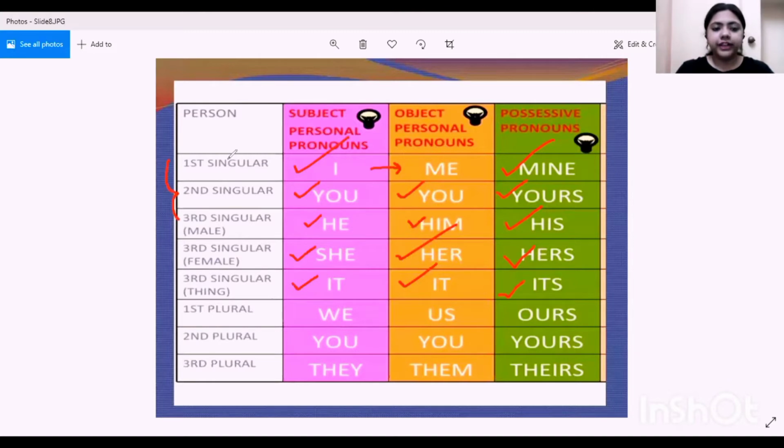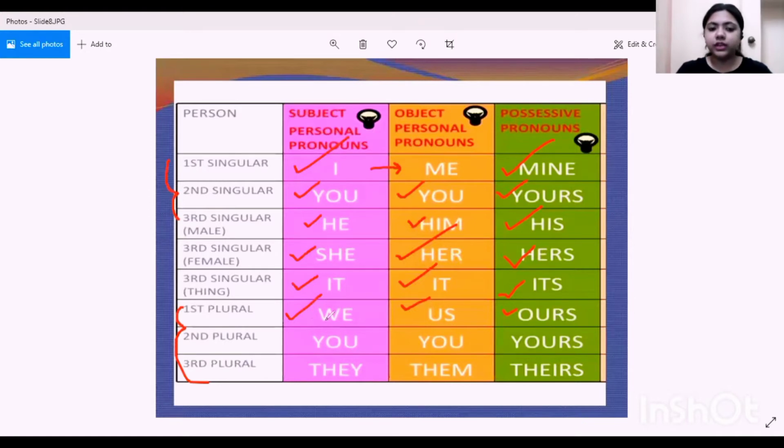So till here everything was for singular number. Now these three are for plural numbers. All right. First, what we use for plural in the first person is we. All right. When you are also included in the lot, then we use we. So for subject we use we. Then for object us is used, and then for possessive pronoun ours.